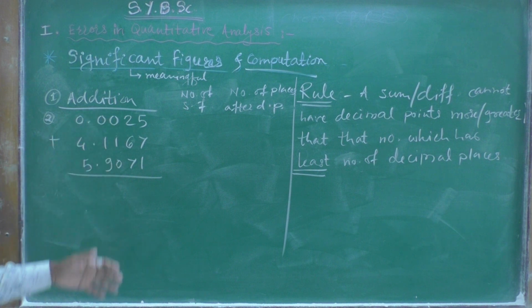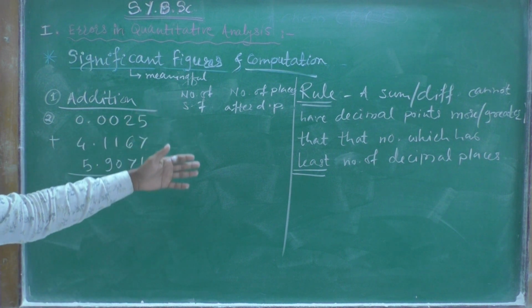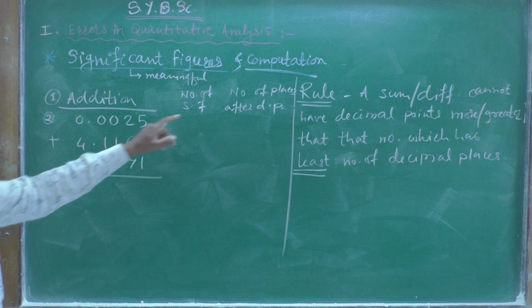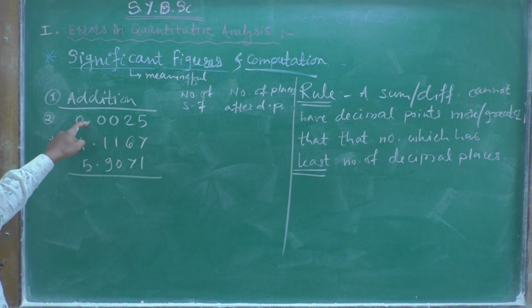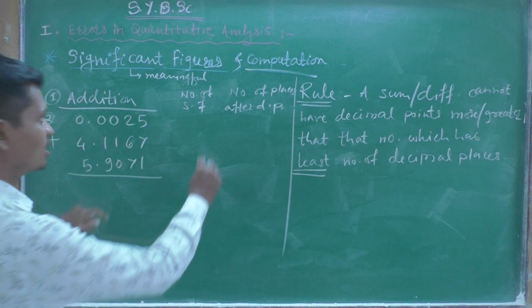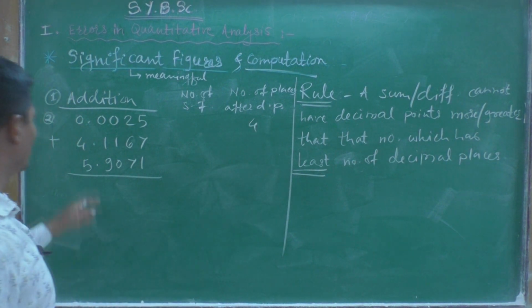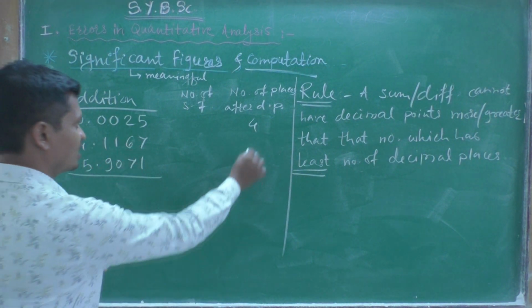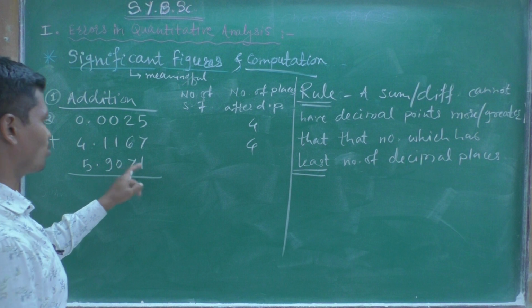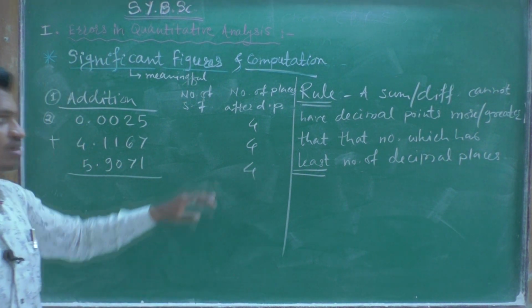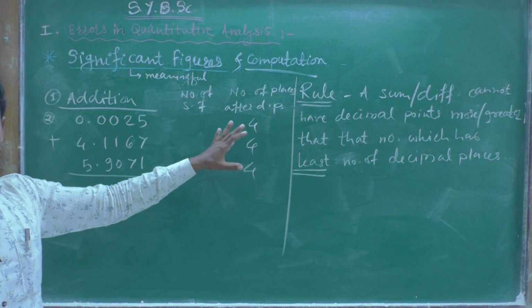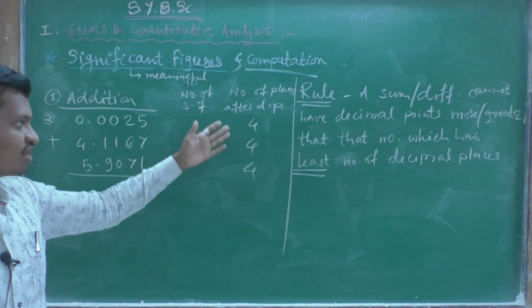In these numbers, count the number of places after the decimal point: 1, 2, 3, 4. Here 1, 2, 3, 4, again 4, and 1, 2, 3, 4, again 4. So the number of places after the decimal point is the same here, 4.